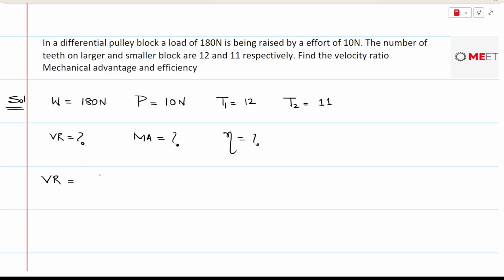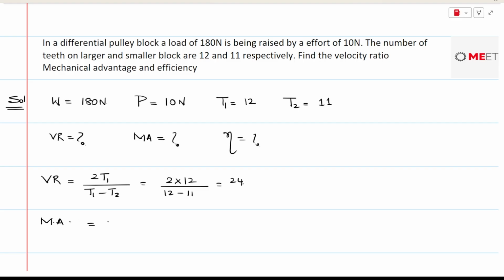And that is 2 times T1 by T1 minus T2. So 2 into T1, T1 is 12, divided by 12 minus 11, and this is equal to 24.